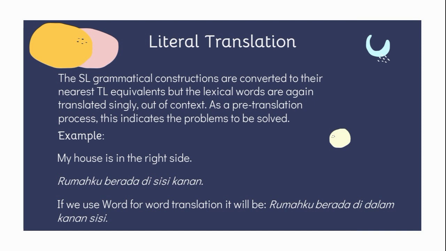So, the difference between word-for-word translation and literal translation is, in literal translation, we need to adjust the source language and the target language structure. Meanwhile, in word-for-word, there is no such obligation.